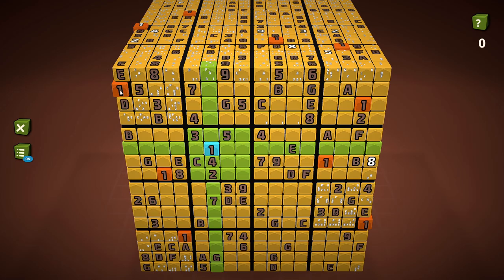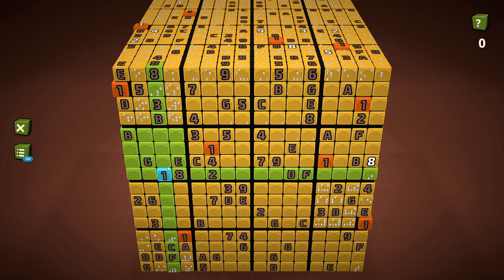Alright, find this side. Ones. 1. Can't be bottom, second, or third, so it has to be top row, but could be anywhere on the top of the row.